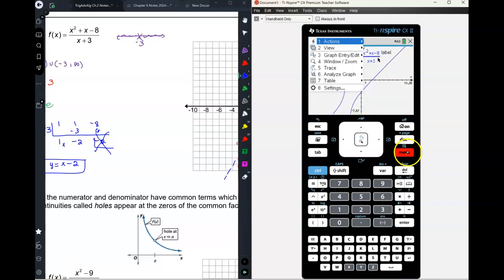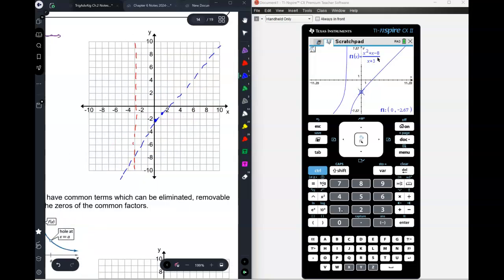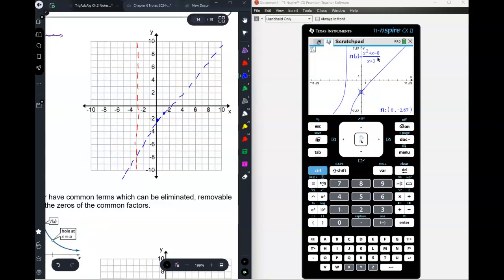Okay, so menu 5, 1. Okay, 0, negative 2.67. So that's like here. Okay, I don't want to show these here. Right there. At least like 1 or 2. And then here, definitely put the intercepts, right?